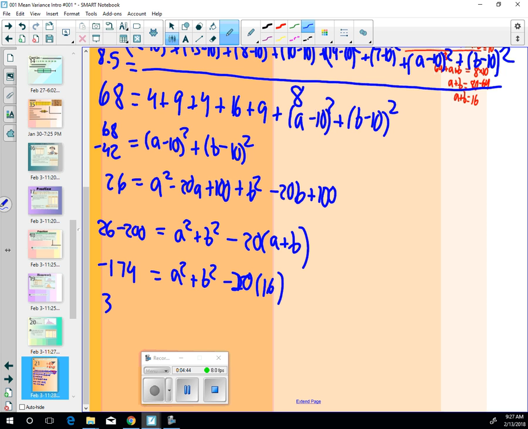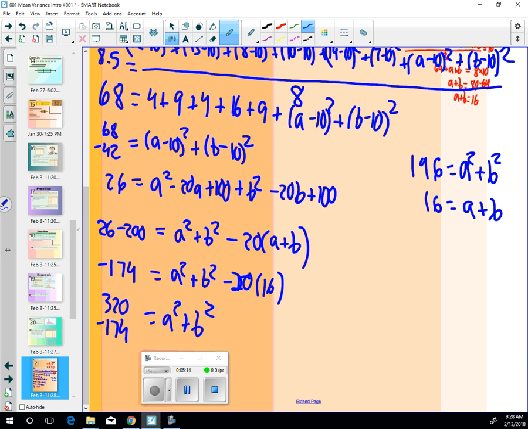So you can take 320 minus 174 equals A squared plus B squared. And 320 minus 174 is 146. 146 equals A squared plus B squared. And then you have A plus B is 16.